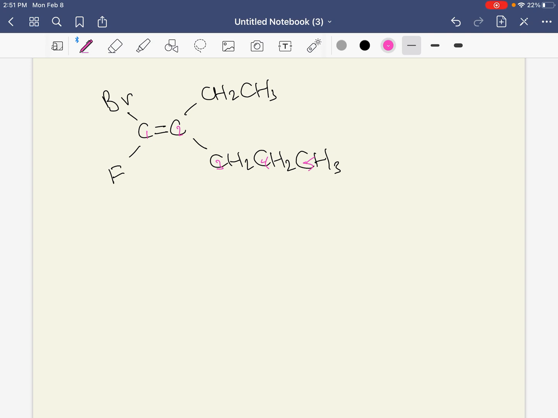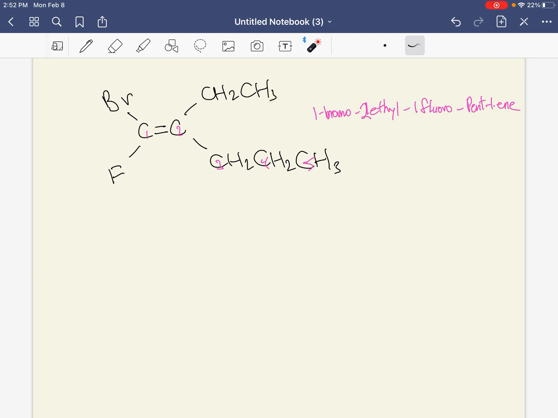So this is nothing more than 1-bromo, 2-ethyl, 1-fluoro, pent-1-ene. That's what this is. Or 1-pentene, your choice, doesn't matter. But the question is this: is this going to be an E or is this going to be a Z?